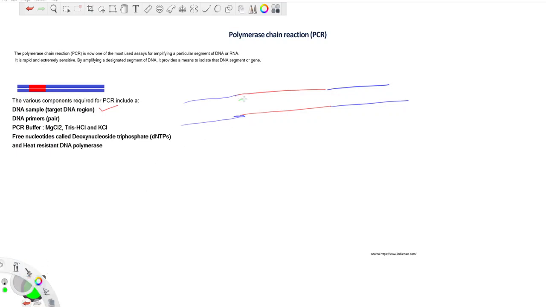This is a double-stranded piece of DNA, by the way, and the primers are single-stranded, going to be complementary to this region here at the very beginning and another region here at the end, and we refer to them as the forward primer, and you're going to have your reverse primer as well. So they always work in pairs.